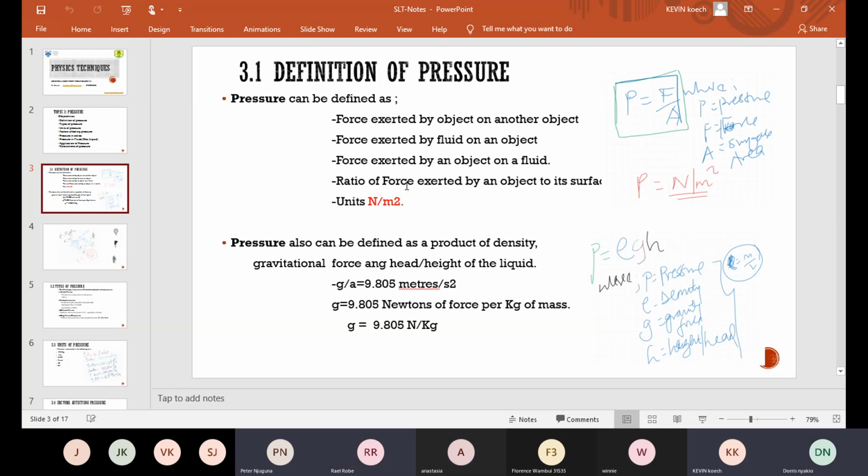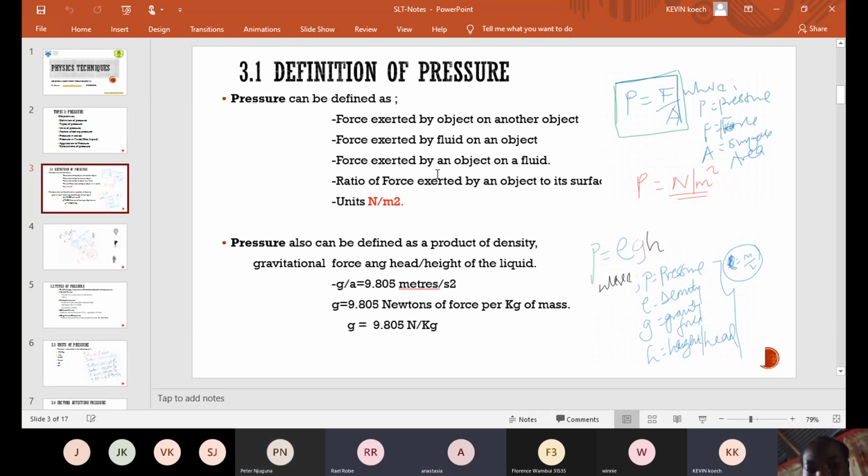Density is the amount of substance per unit volume or occupying space, so density equals mass divided by volume. So it is rho, which is density, multiplied by g, gravitational force, multiplied by h. h is the height or head. So this applies to liquid or fluid.